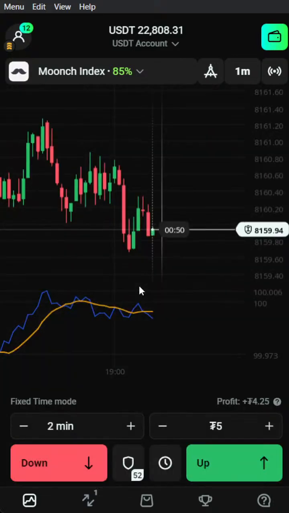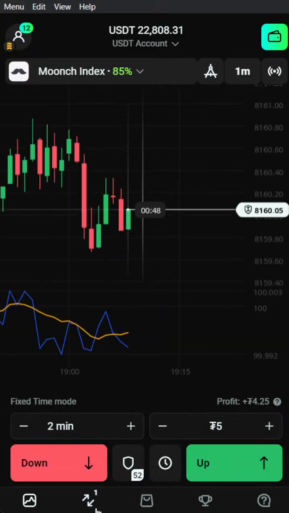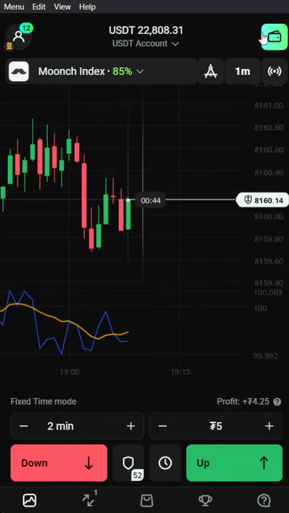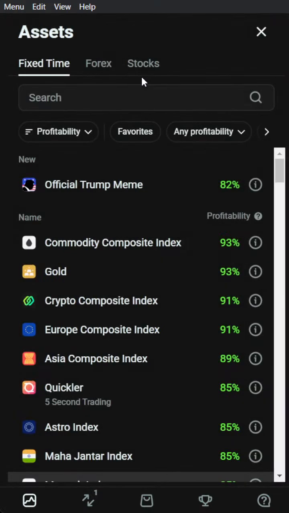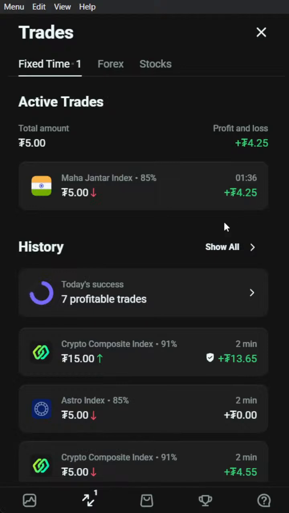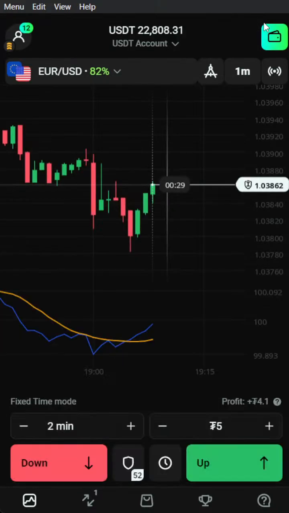Because the crossover happened, I made a trade here, and right now Mahajantar is positive. So the prediction is positive, and at the end you do not know the market fluctuation, right guys? So it can fluctuate, there can be ups and downs, which can lead to an opposite result. But the signal was totally correct, and we made the trade here.